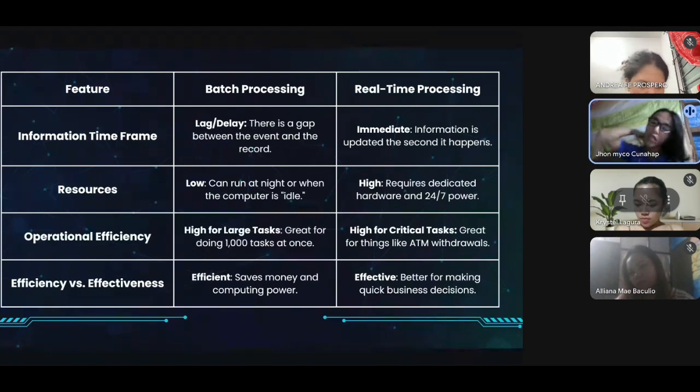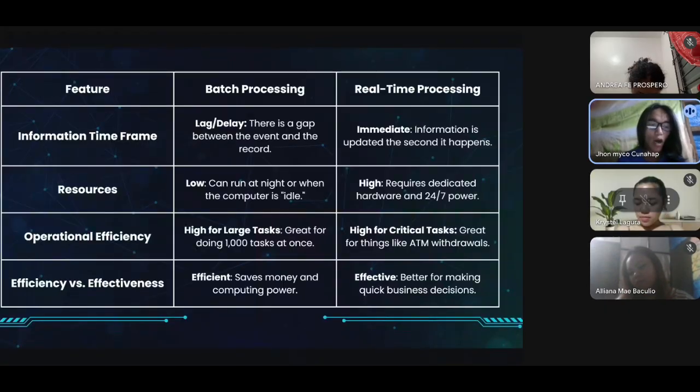So kung unsa ang paghitabo karon is ma-update siya diretso. While sa resources niya is yung batch is low resource. It's because we can run it at night when the system is idle, and then yung real-time processing naman is very 24/7 bitaw siya kay it requires dedicated hardware and 24/7 nga power. So kailangan siya nga on and ready siya every second.